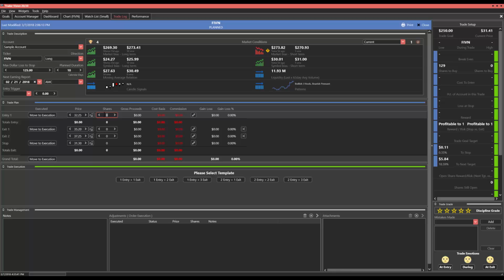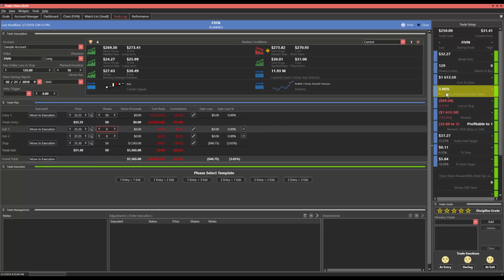So let's just say that I buy 50 shares. I don't know what that's going to do for us. 50 shares is going to put just over 3% of the account into this trade, and I'm comfortable with that. Let's just look at a general plan where we're selling half of it at the first target and half at the second target.